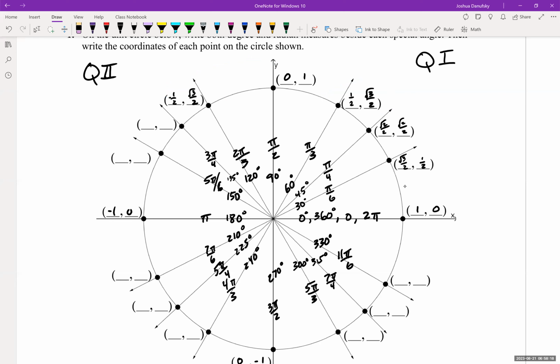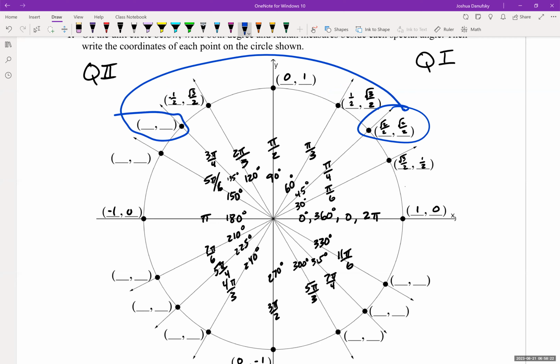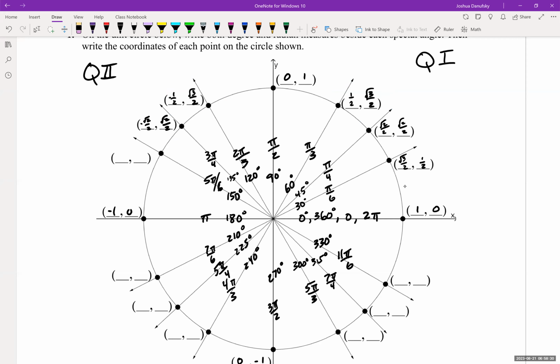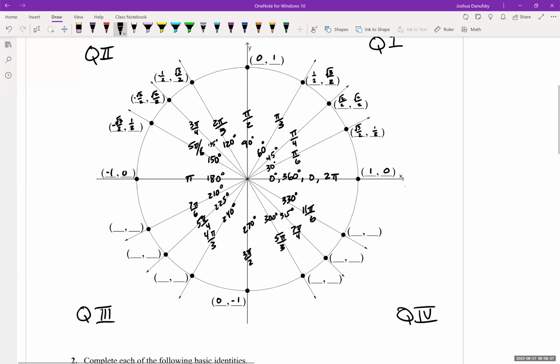And then the same thing is going to happen from here to here. We're going to get negative root 2 over 2 and root 2 over 2. And then we'll continue on with negative root 3 over 2 and positive 1/2. And so there's quadrant 2 completely finished.